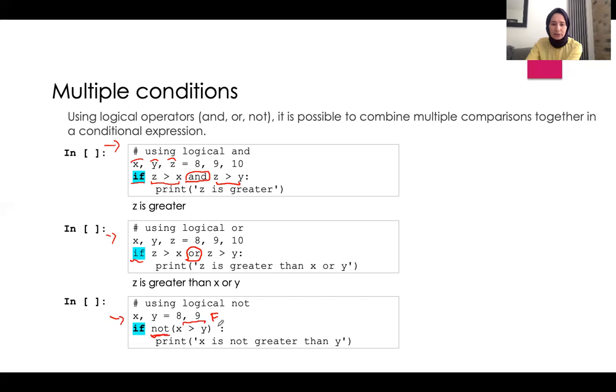And therefore, this condition becomes true. Therefore, this line of code will be executed here, and it will say that x is not greater than y. So in here, guys, we are checking if x is not greater than y. So this makes the opposite of the condition.